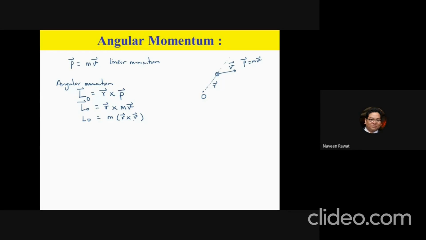It's not the same value, so you have to remember that it is r cross v. The magnitude of this angular momentum will just be m times r times v times sine of the angle between them, and the angle between them is theta. That is the magnitude of your angular momentum.